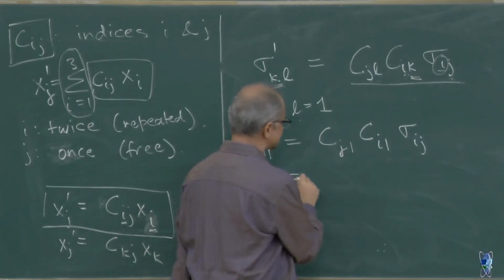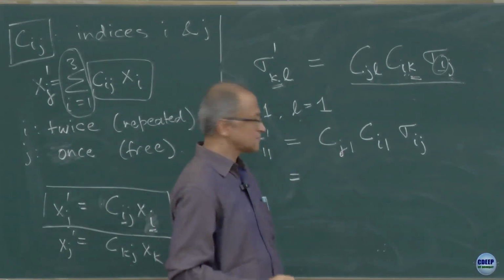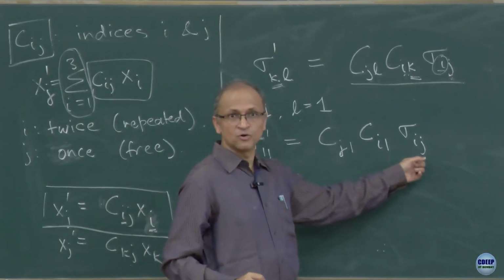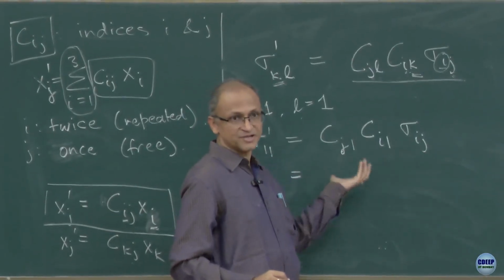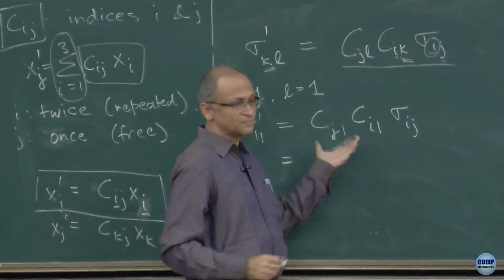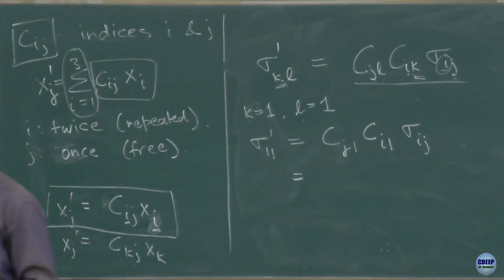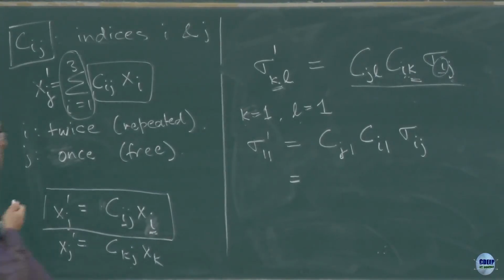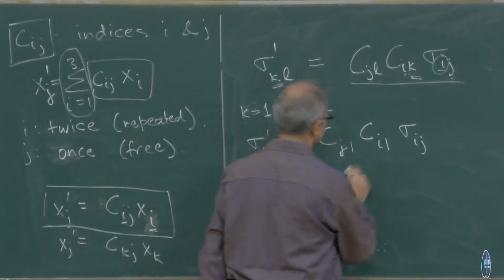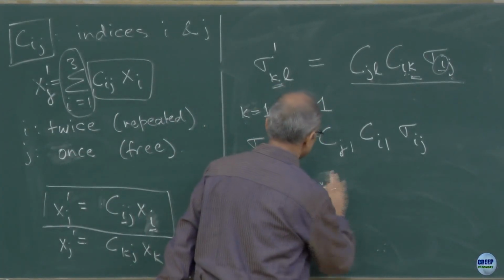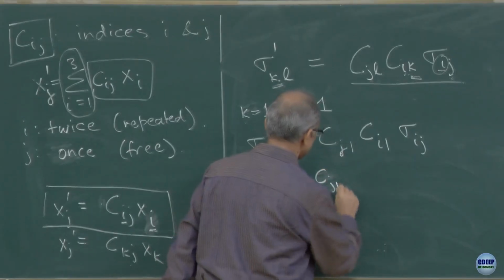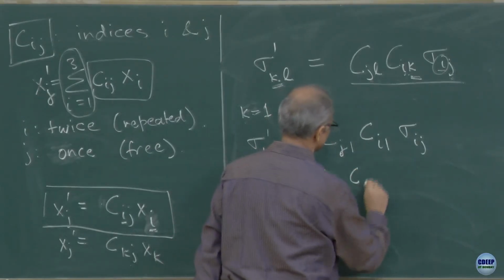Now what do I do next? Now I start expanding over i and j. Because I want to get to the final answer, I want to start expanding out about i and j. If I expand out about i, I keep the first term the same, 1, 1.